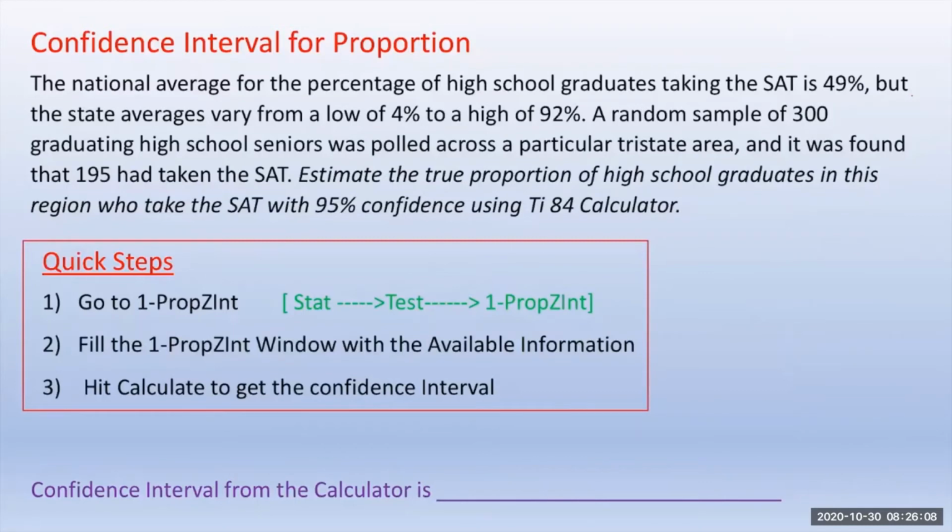Confidence interval for proportion. Here is an example. The national average for percentage of high school graduates taking the SAT is 49%, but the average varies from a low of 4% to a high of 92%.